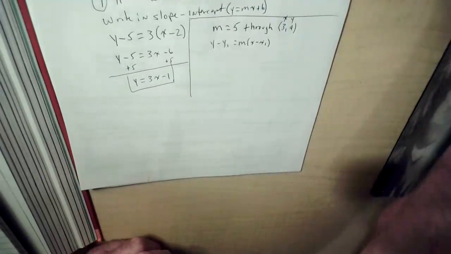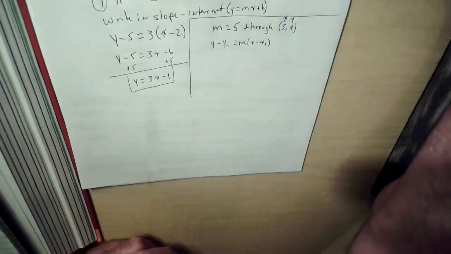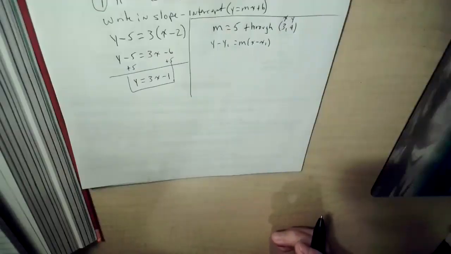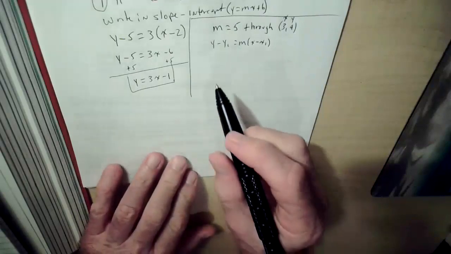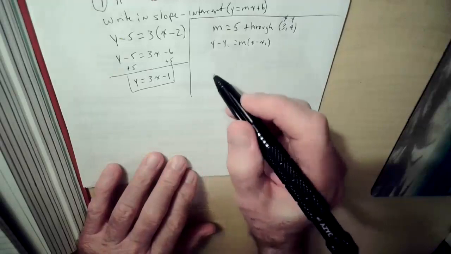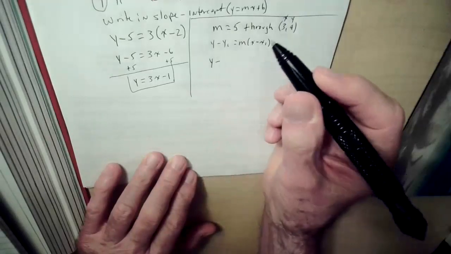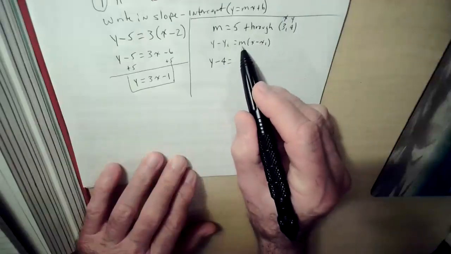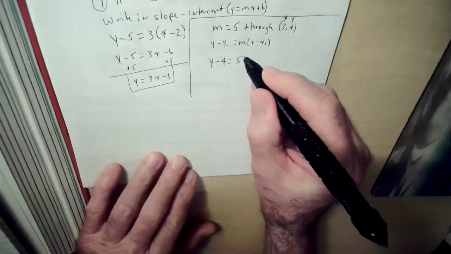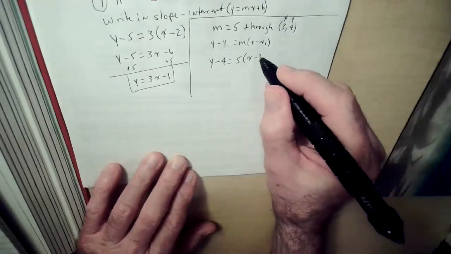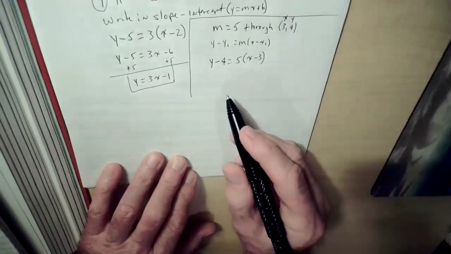I wish I had a nickel for every time I've written that. Now plug in the numbers you know. Solve for y. So we have y minus y1 is 4 equals m, which is 5, open, x minus x1 is 3, close.